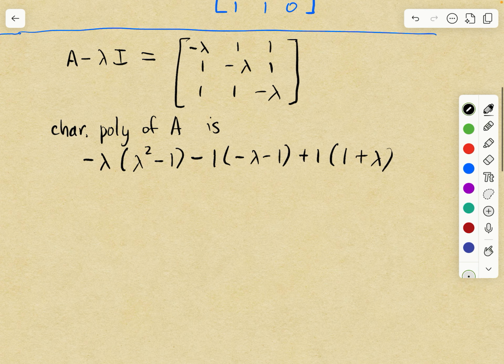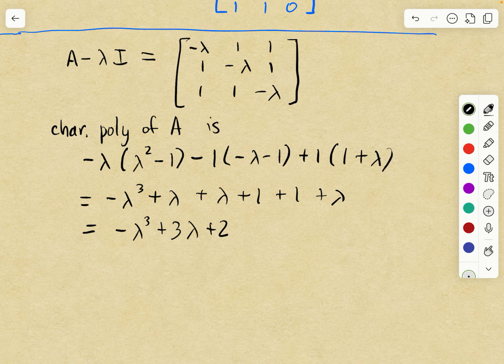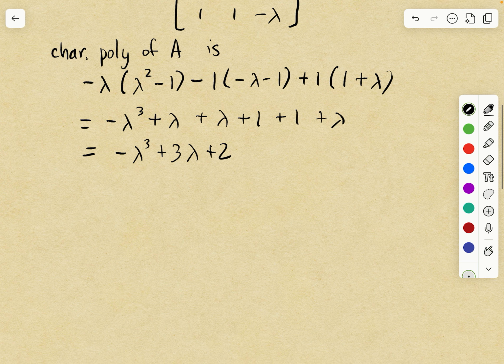And now we are going to have to factor this. So let's distribute this all out. We get negative lambda cubed plus lambda plus 1 plus 1 plus lambda, and that is negative lambda cubed plus 3 lambda plus 2. Now we need to find the roots of this, because the roots of the characteristic polynomial are the eigenvalues.